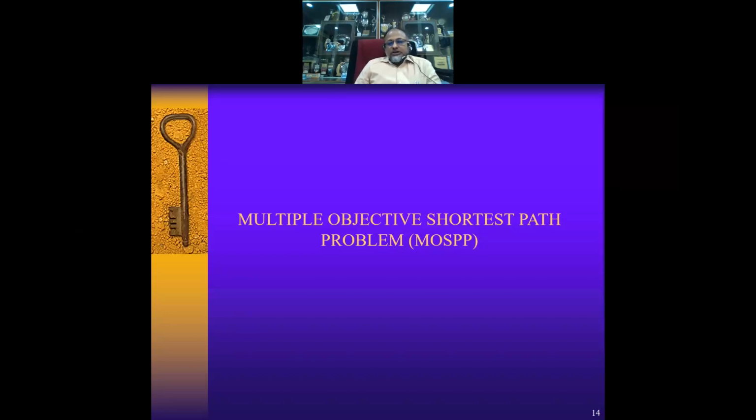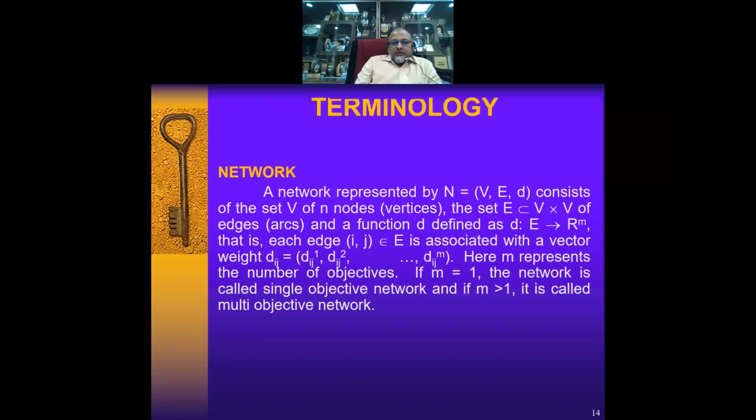Now the multiple objective shortest path problem, MOSPP. What does it mean? It means that in a network, the number of objectives is more than one. I already discussed this in the beginning. In a multi-objective shortest path problem, the objectives may be my objectives.